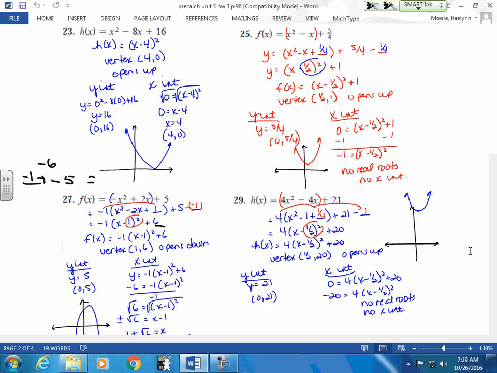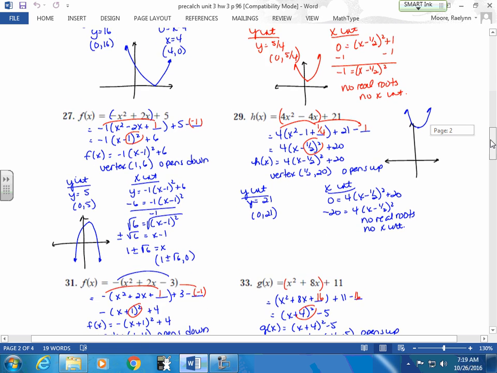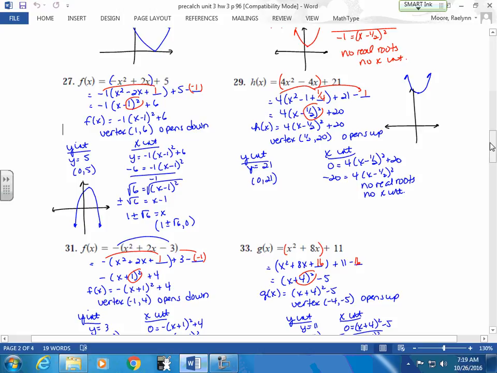So you guys just went as far as finding the equation? It didn't say do any of this?